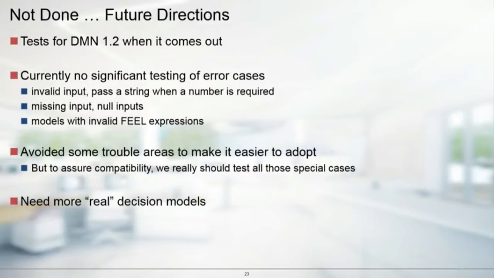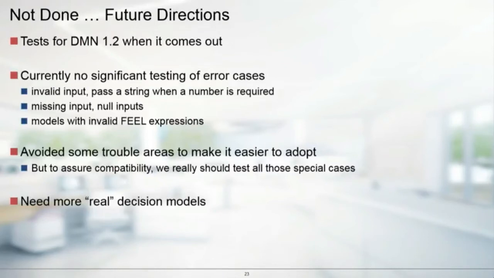But more importantly, functions that when you call them, they give you bad results, and so missing inputs, null inputs. So these are kinds of things that we need to go into more in the future. We did avoid some trouble areas. We should maybe go back and take a look at those trouble areas and add some tests in there to make sure that all the engines execute the same across the board.